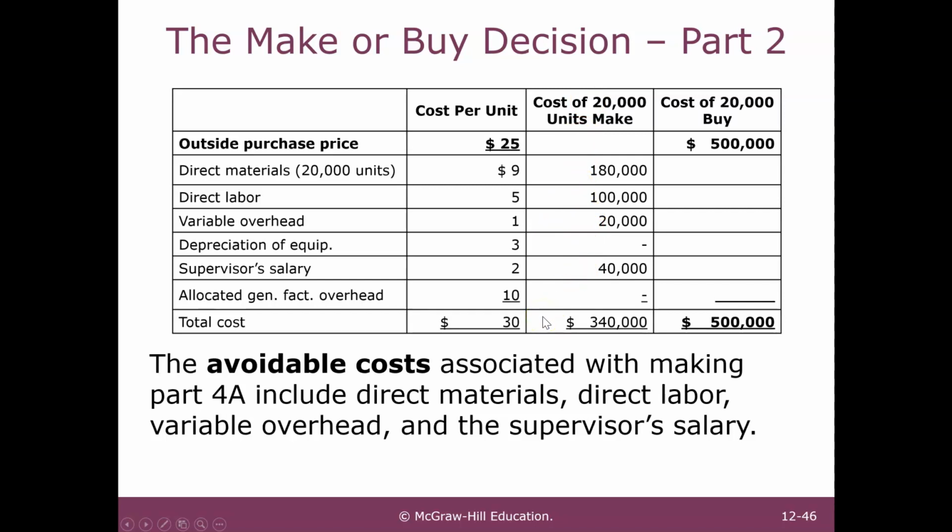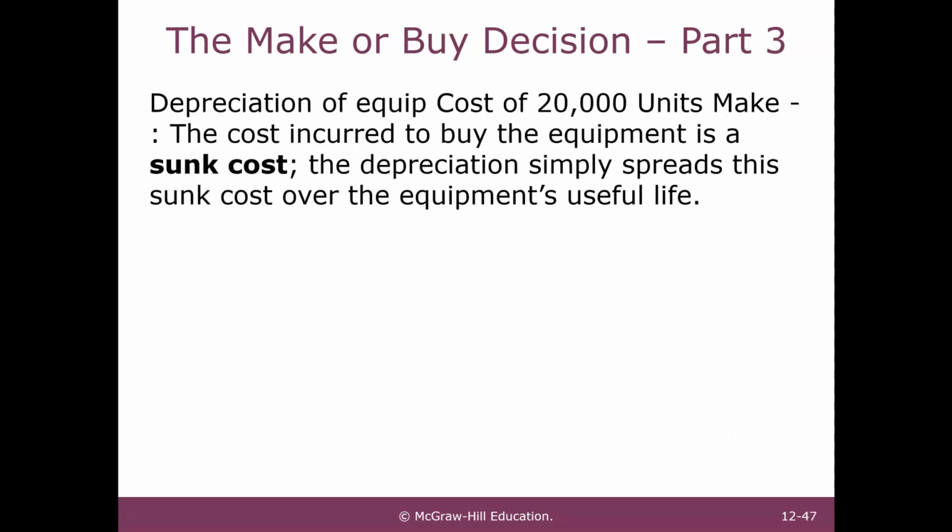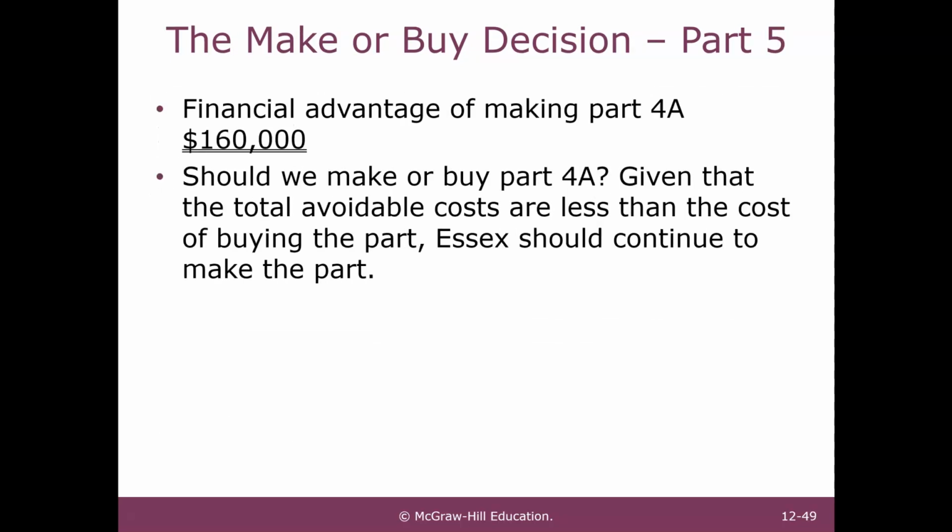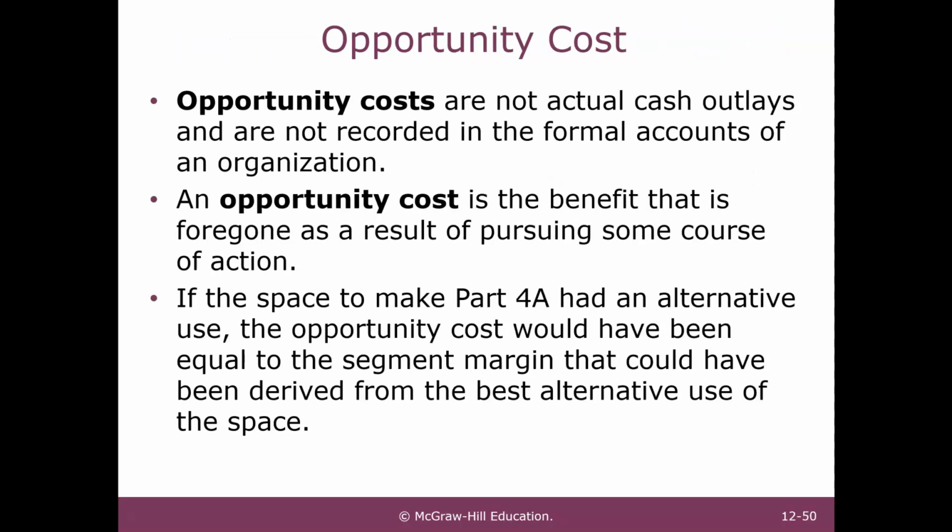So we save $160,000 by making it ourselves and not buying it from an outside supplier. So we do have a financial advantage of the 160.